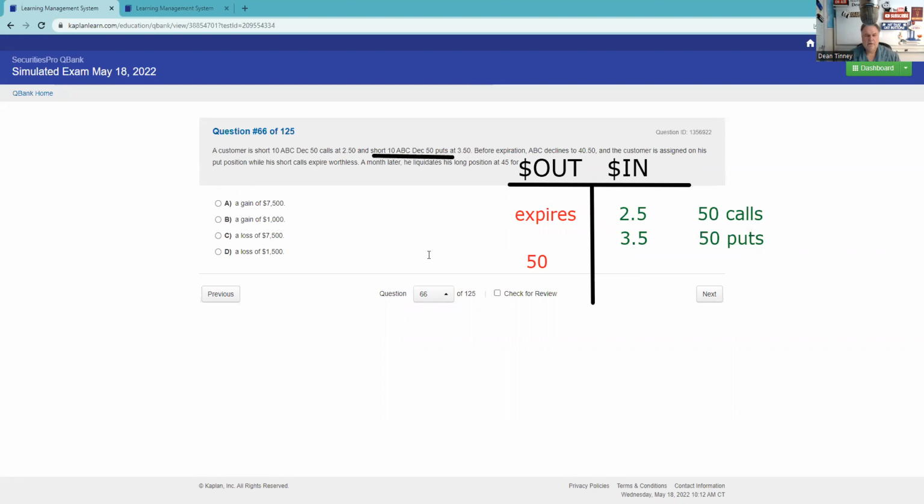A month later, he liquidates the long position for 45. So that 40.50 looks like it was there to mess me up. It says I liquidate the position for 45, so let's put that in there. Now if I total up these columns, it looks like the money in is 2.5 plus 3.5 plus 45.